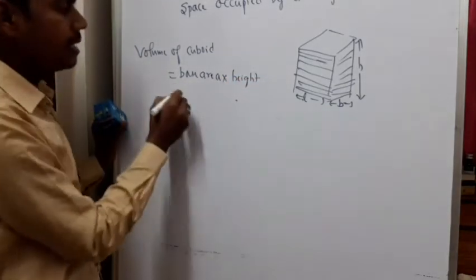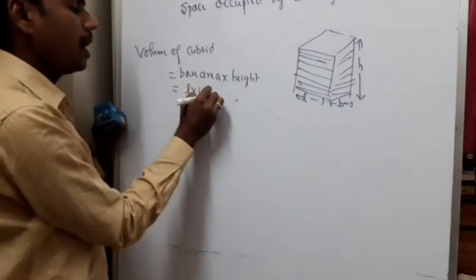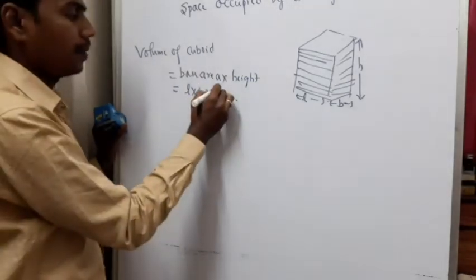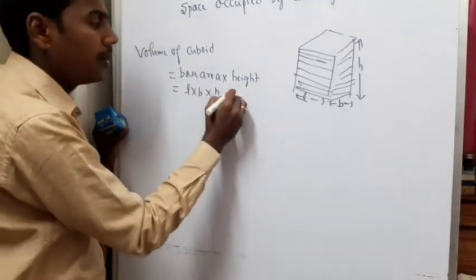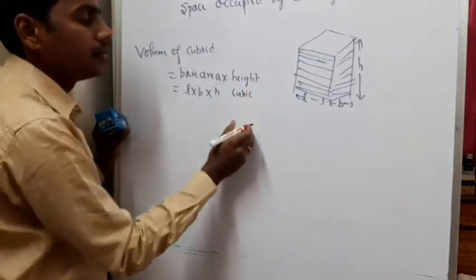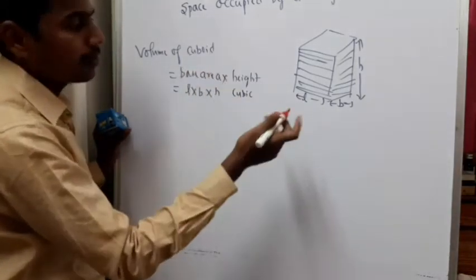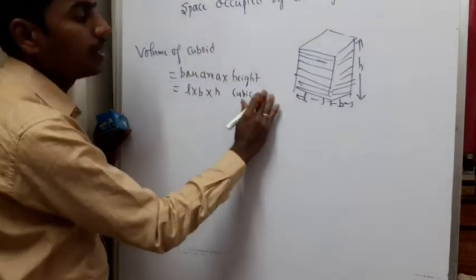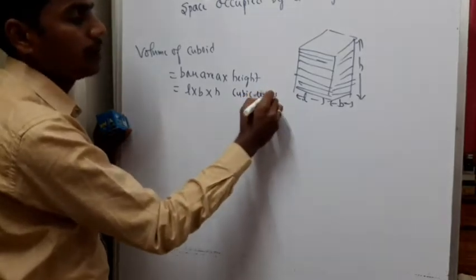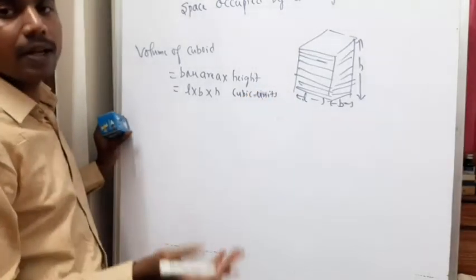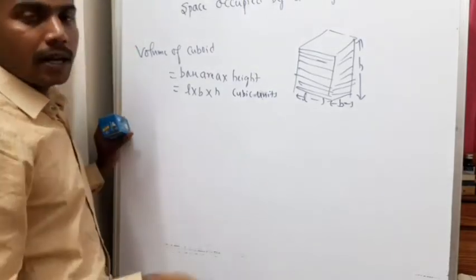What is the base area? That is L into B. And what is the height? H. And it is, sorry, not measured, it is expressed in cubic units. Or it may be millimeter, it may be centimeter, it may be meter, it may be kilometer.